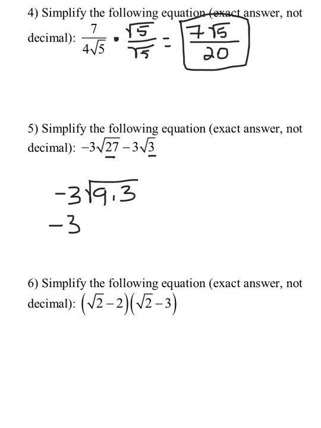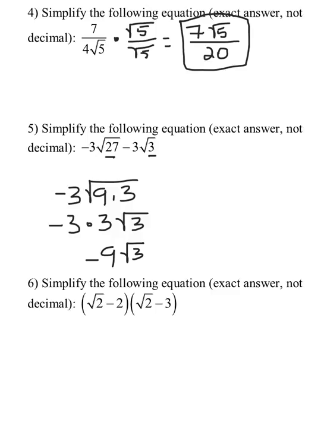So that gives me -3 times 3, and now I still have a root 3 because that's what's left over after I take the square root of 9. I get 3, but I still have this root 3 left. So I have to keep that under the radical. Now I have negative 3 times 3, root 3, and I can multiply these two numbers together. So that will give me a negative 9 root 3.